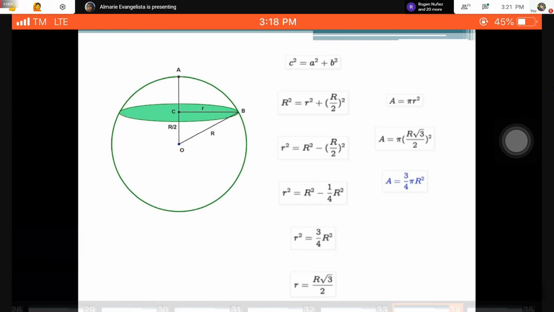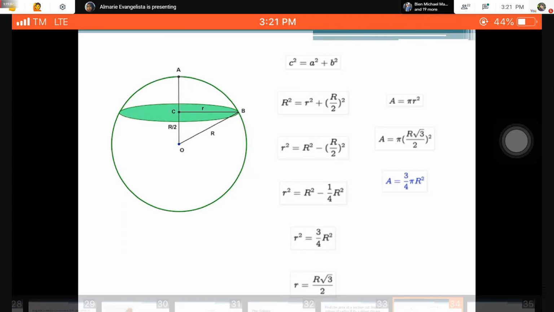Tapos, ang naging sagot ay 3/4 R squared. So, since gusto nating eliminate yung square, bali ang magiging sagot niya is r equals R square root of 3 over 2. Or try nyo din siya sa cycle kung hindi nyo siya masolve.